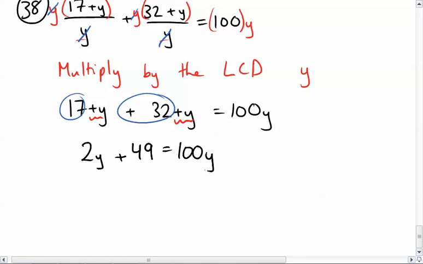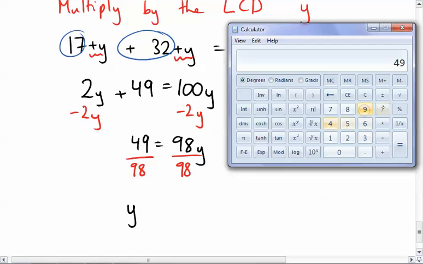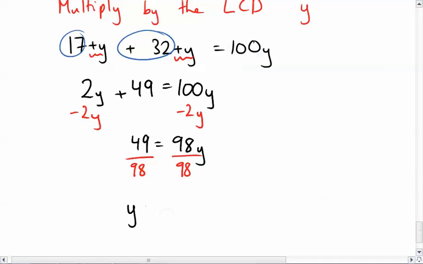Okay, so now I'm going to move all the y's to one side, so I'll subtract 2y on both sides, and I get 49 is equal to 98y. Now I'm going to divide both sides by 98. And so I get y is 49 over 98, which is 0.5 or 1/2.